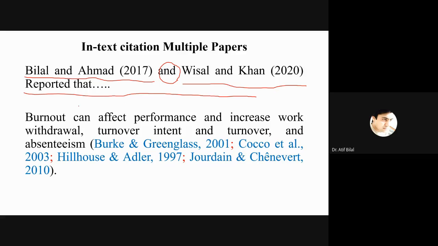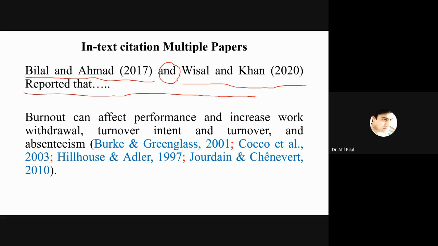But when you want to say that multiple papers are saying the same thing and you want to write it at the end, then what you're going to do is: burnout can affect performance and increase work withdrawal, turnover intent and turnover, and absenteeism.